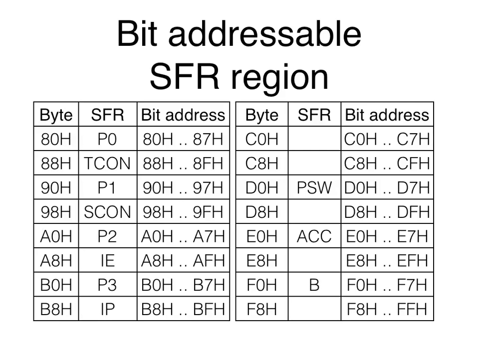So let's take a look: byte 80 contains bit addresses 80 to 87, and then byte address 88 has bit addresses starting at 88 also, right? So that's actually convenient because then this mapping is very easy to do, right?